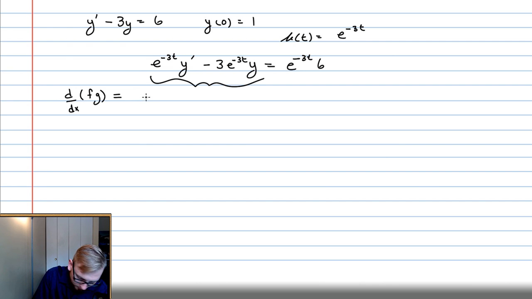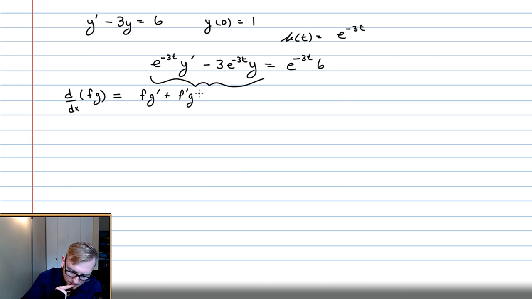Well, we've got f times g prime plus f prime g. Well, you can change the order. Technically they write it g f prime, but I wanted to write it that way.